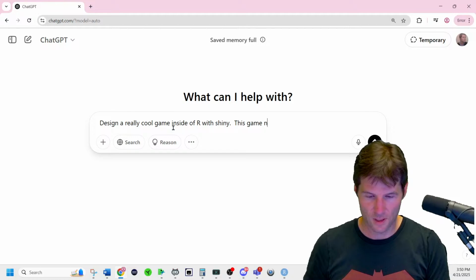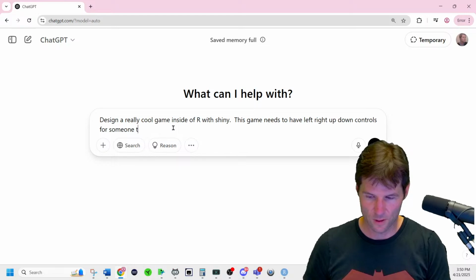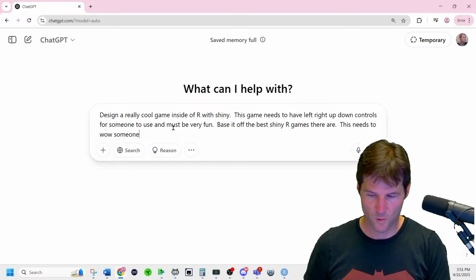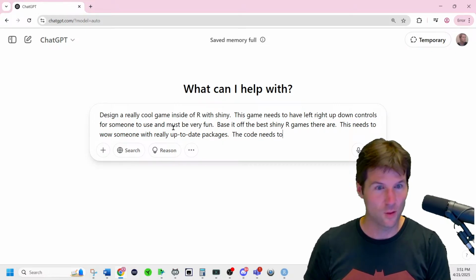This game needs to have left, right, up, down controls for someone to use and must be very fun. Base it off the best Shiny R games there are. This needs to wow someone with really up-to-date packages.